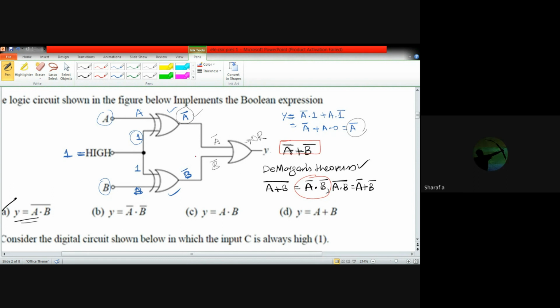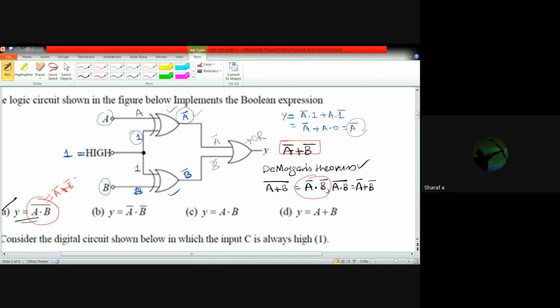Then that will be coming when you take the complement of A dot B whole bar. Then this will become, first you take the complement of A, that is A bar. Then you take the complement of dot, then that is plus. Then you take the complement of the other variable B. So this is B bar. So that is equal to your output.